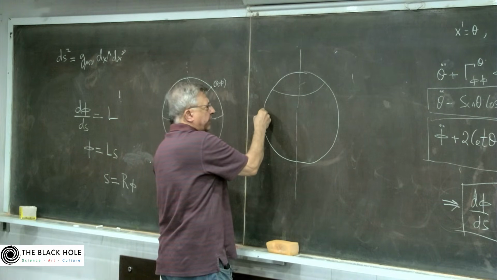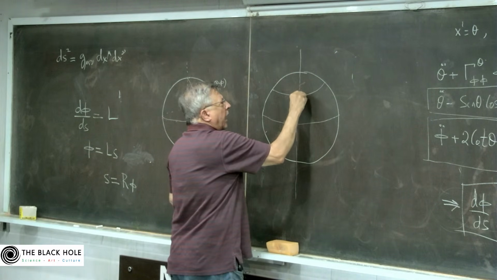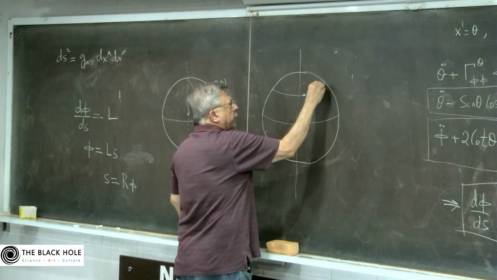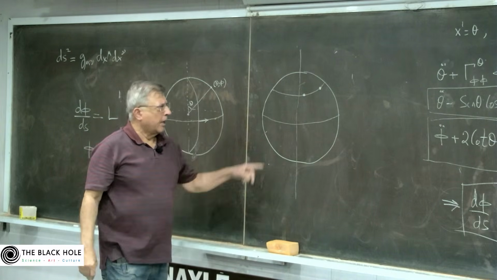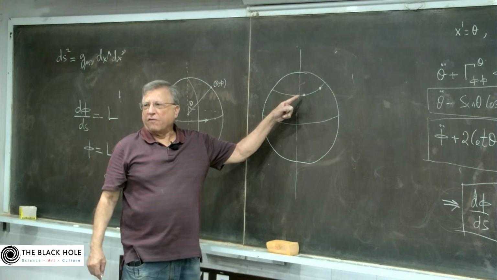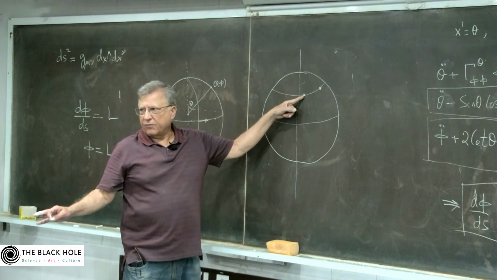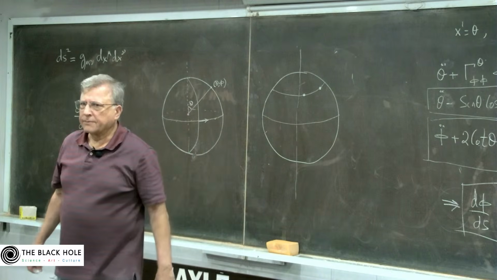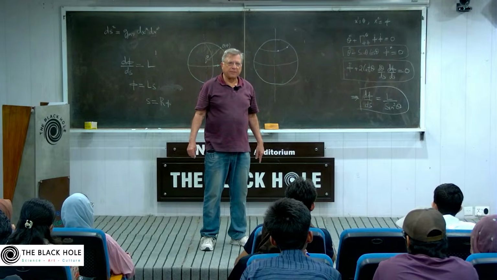The equator is over here. I want to go from this point to, let's say, this point. The same value of theta, so theta has a fixed value. What is the path that will be shortest between them?